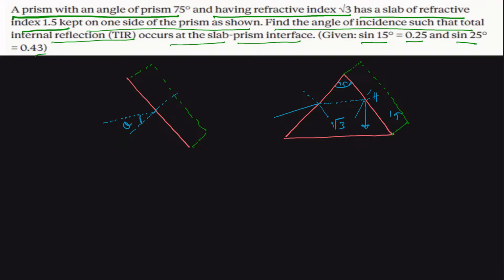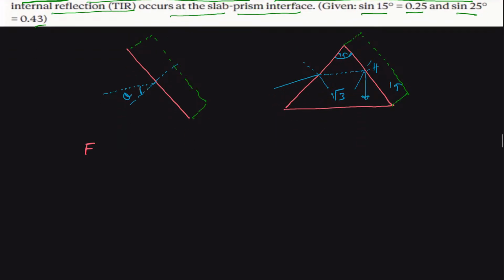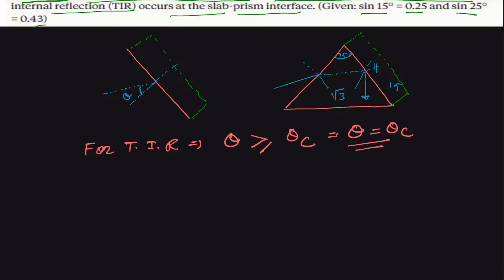Therefore, we can say that for total internal reflection, the angle at the interface, incident angle, that is theta, it should be greater than or equal to the critical angle. Okay, then only the total internal reflection is going to take place. Or we can say when theta is equal to the critical angle, then the ray of light just grazes the surface.